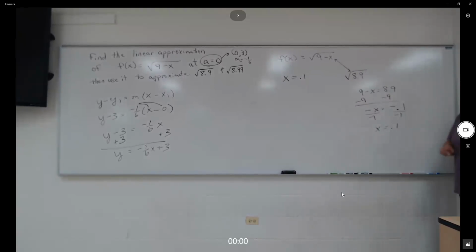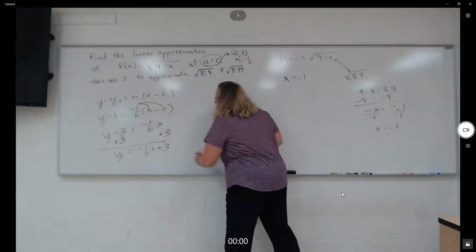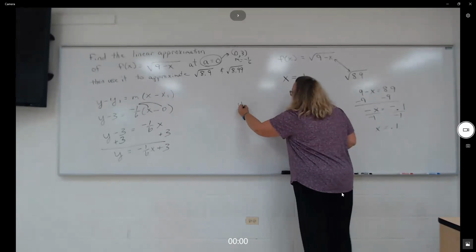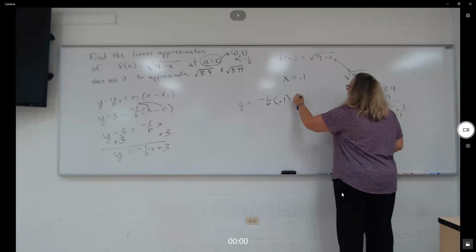So now we're going to take 0.1 and plug it into here. So we're going to do y equals -1/6 times 0.1, plus 3.